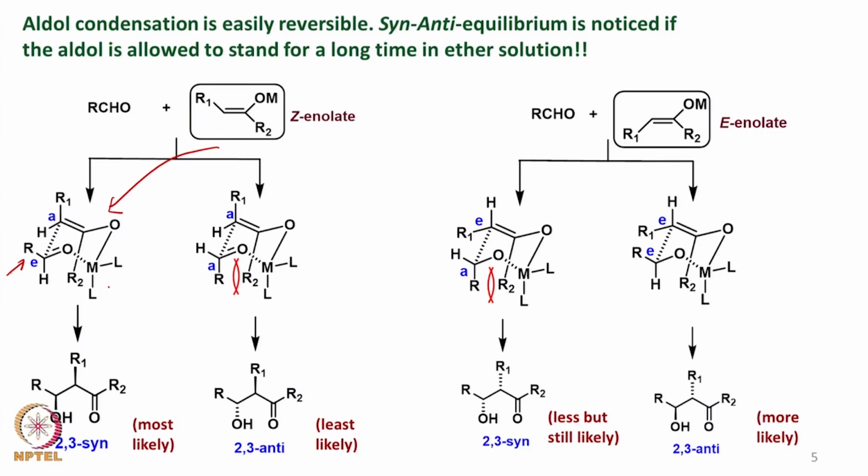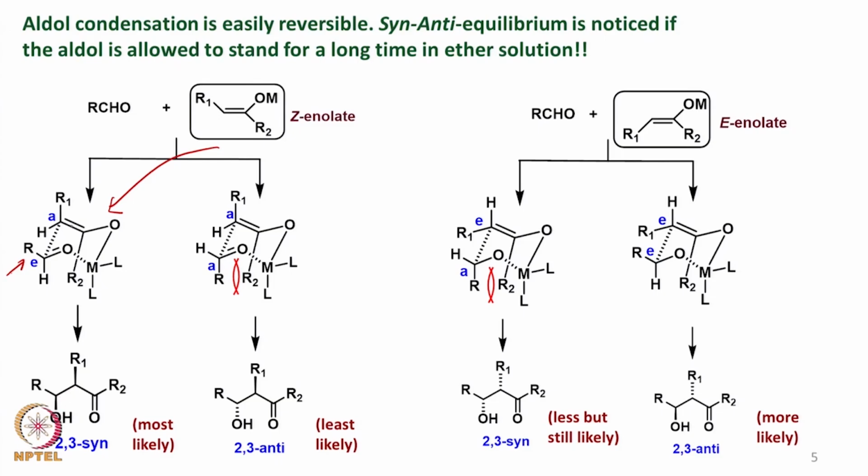So, if you can see now here, the R group is equatorial and this R1 is axial of course, and this R2 is hanging here below. In such a situation, when the aldol condensation takes place, then we can anticipate that this particular geometry is formed.